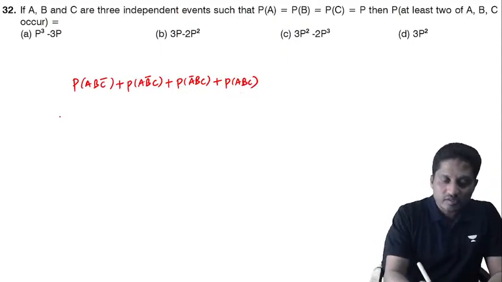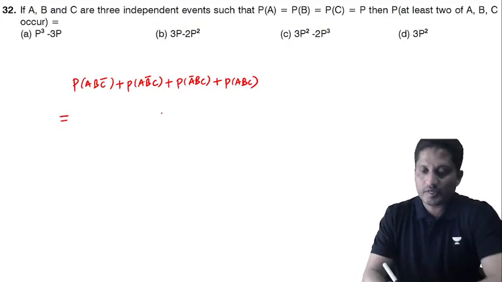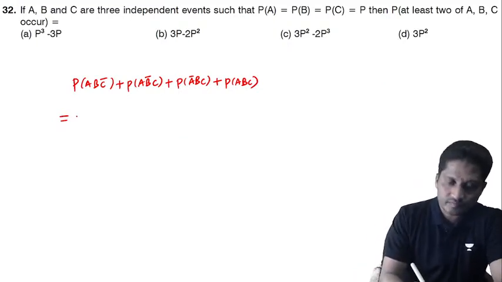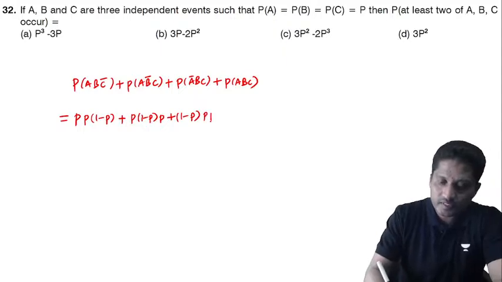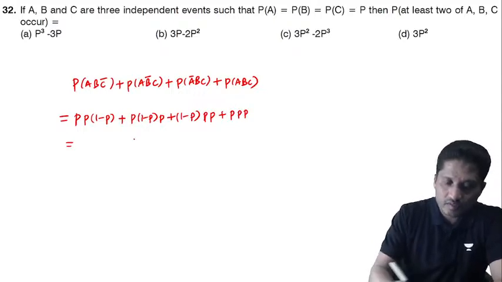All right, now probability of A occurring is P. B occurring is also P. C does not occur is 1 minus P. Even this is same: P, 1 minus P and then P. This is 1 minus P. This is P and P, plus this is P into P into P. Now this is same, right?